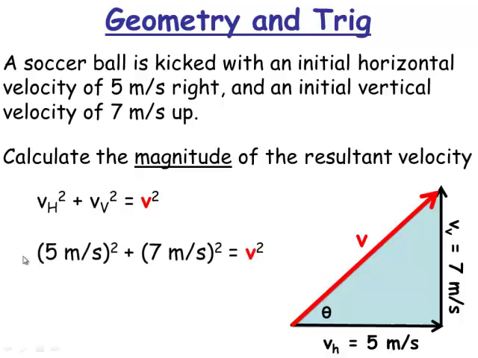I would substitute in my numbers with units. So 5 meters per second squared plus 7 meters per second squared is equal to my resultant velocity v squared. Solve for v. I would get a resultant velocity of 8.6 meters per second.